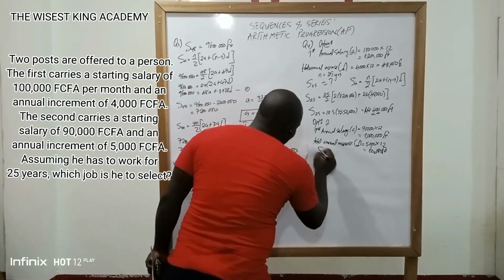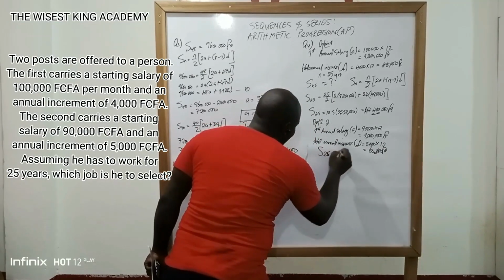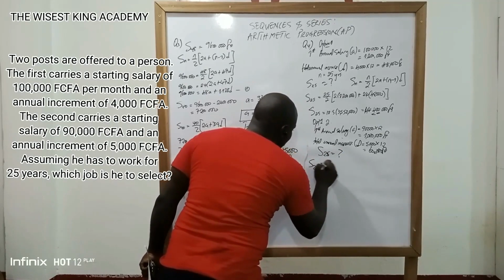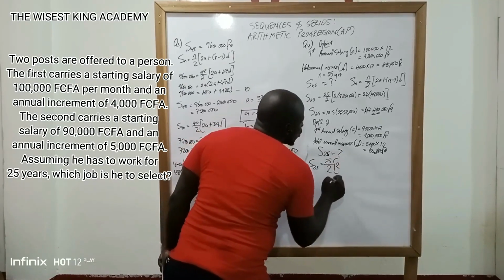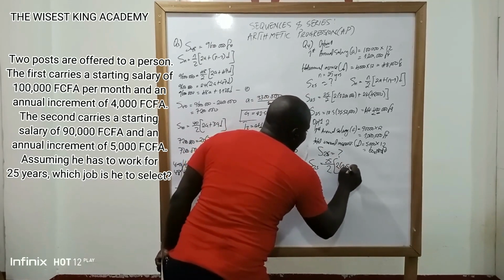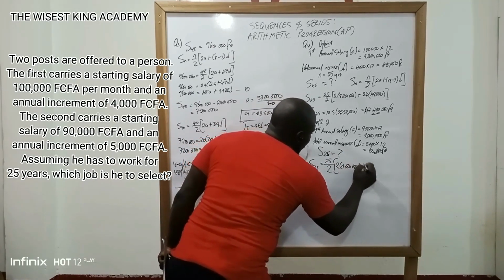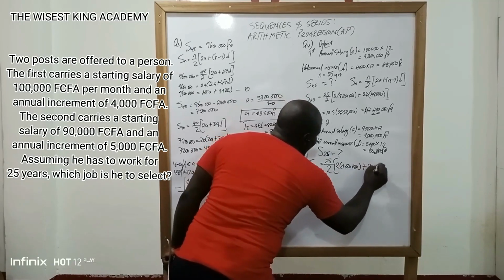So we come down, we need to calculate S25 in option 2. So S25 will be 25 divided by 2, big bracket open, 2 times 1,080,000 plus 24 times 60,000.